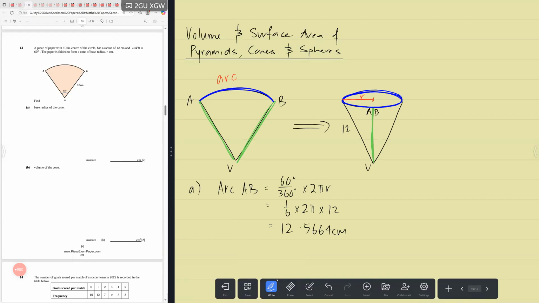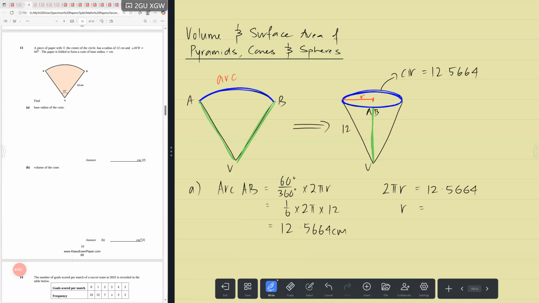So now, for us to find the radius of the cone, it simply means the circumference. This circumference is equal to 12.5664. So we form the equation 2 pi r equals 12.5664.